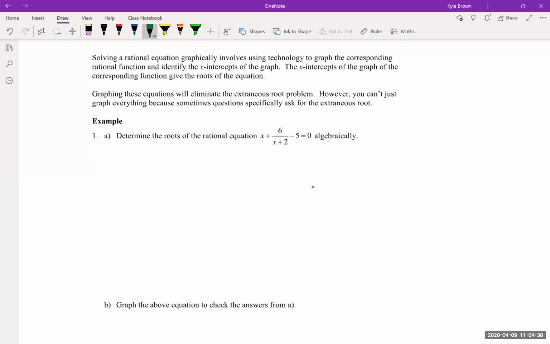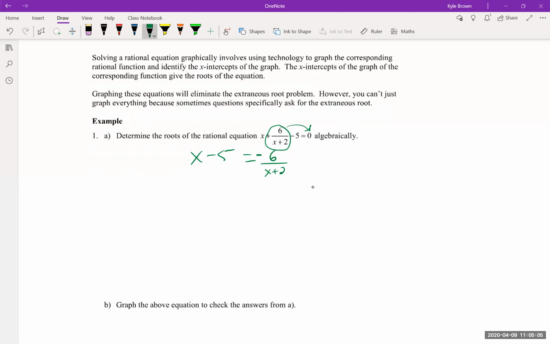Let's take this whole term and move it over there, just to set it up a little nicer. You wouldn't have to, but that's what I'm going to do. So we write this as x minus 5, what's left on the left side, is equal to negative, because it becomes minus on that side, 6 over x plus 2.